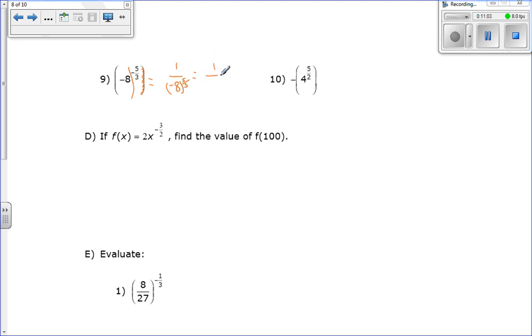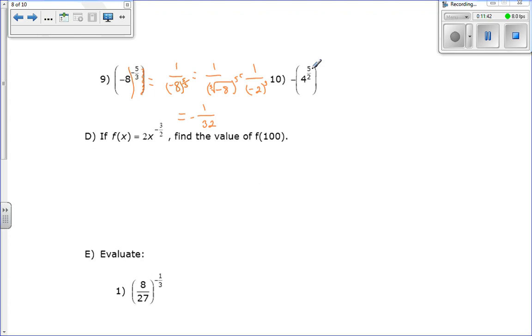So it's 1 over the cube root of -8 raised to the 5th power. So we'll get 1 over the cube root of -8, which is -2, to the 5th power. So it's 1 over, because it's an odd power, my answer has to be negative, and 2 to the 5th power is 32. It's 2 times 2 times 2 times 2 times 2 is 32.